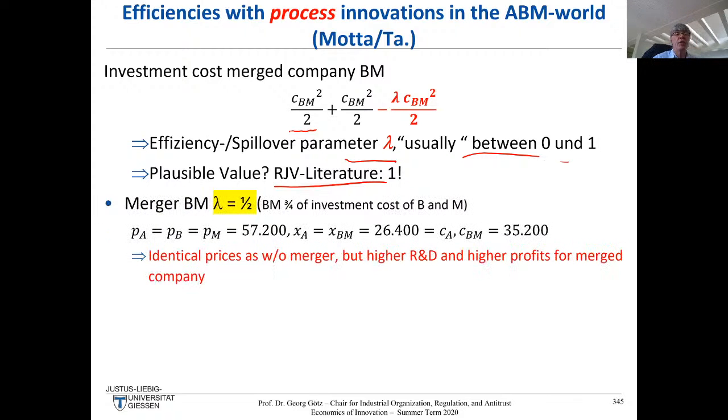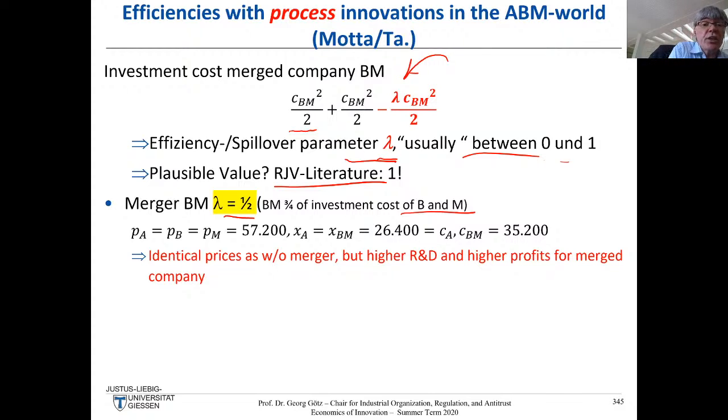If you allow for such a spillover parameter, it just reduces your investment cost. If you allow for a spillover parameter of 1/2, what does this mean? Now the joint company has only 3/4 of the investment cost, so still rather high, okay?